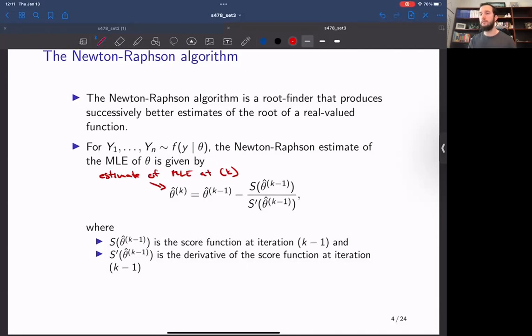So you can see what's happening here: you start at some point, derive the score function and the derivative of the score function, plug in your starting point, take the difference between that starting point and this ratio to find your new value, and then replug it back in, and keep cycling through until you reach convergence of some type. We're going to look at a more detailed example of this momentarily, but that's the idea. You're moving yourself along the curve until you hopefully reach the global maximum.